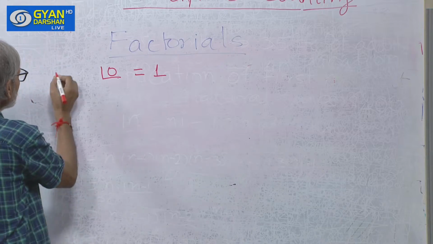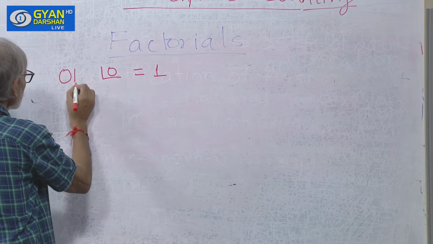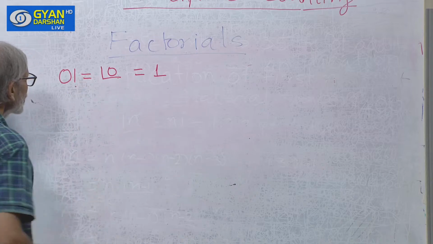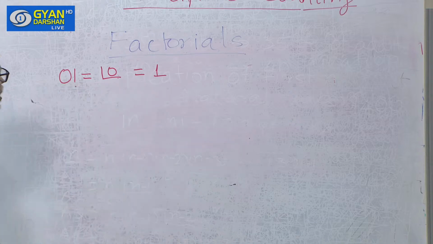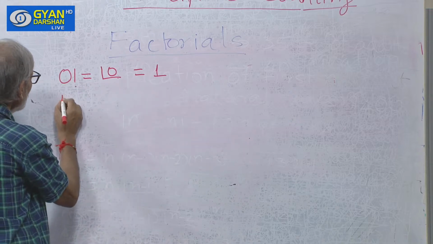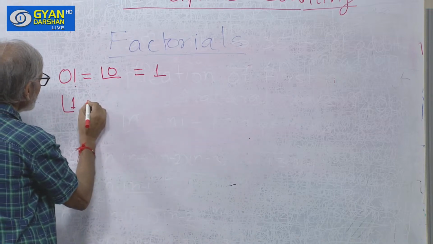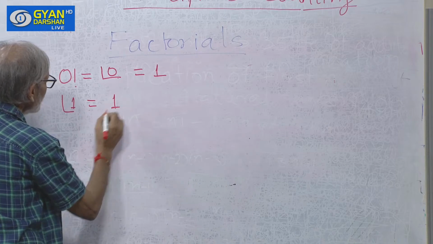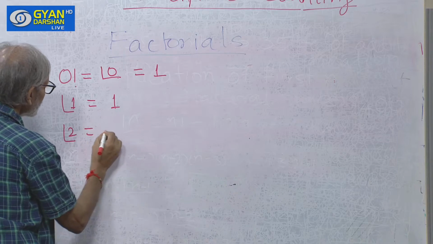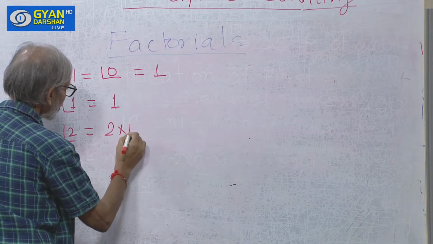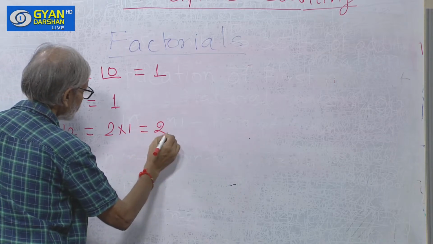So, if somewhere factorial 0 is coming, it will be defined as 1. Factorial 1 will also be equal to 1. Factorial 2 is equal to 2 into 1 is equal to 2.